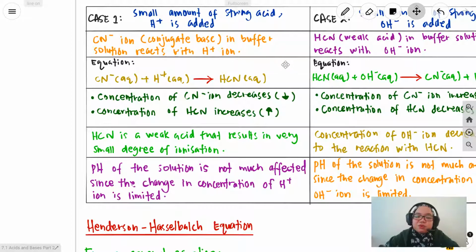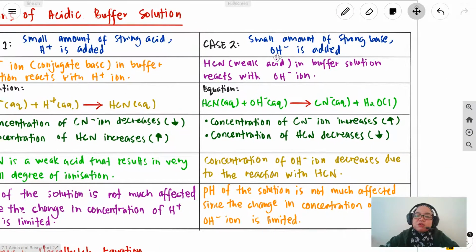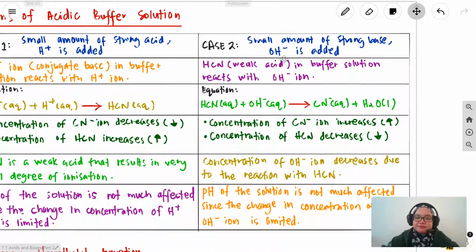The same goes when a small amount of strong base is added. When a small amount of strong base is added, the HCN, the weak acid in the buffer solution, will react with OH minus ion. So we have an equation here: HCN reacts with OH minus to form CN minus and H2O liquid. So what happens after this reaction?